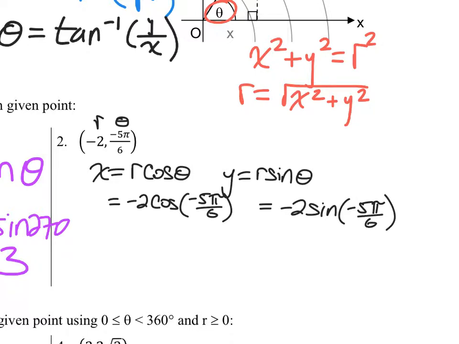All right, and so then we just have to crunch these numbers, which involves some unit circle knowledge. Sometimes just getting the positive coterminal angle is enough to get you kind of oriented. So this is the same as 7 pi over 6.